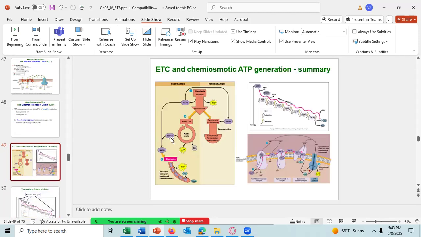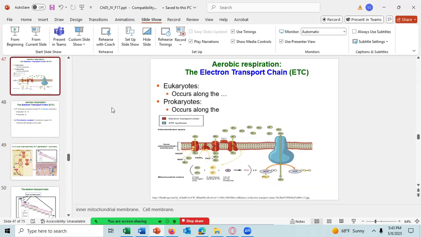So here we're looking at the overview of aerobic respiration and fermentation. And there we're looking at the overview of electron transport, where the molecules which come from glucose are carried by NADH or FADH2, brought to these molecules. And then these are the molecules here, by the way.